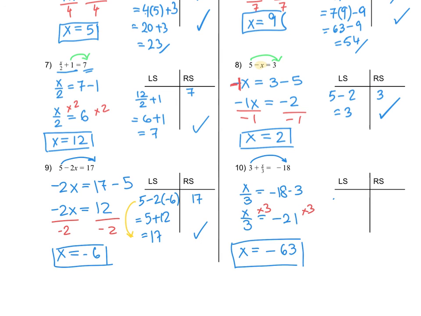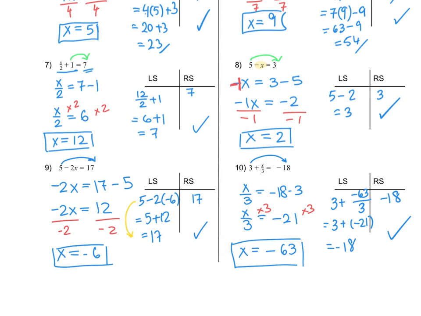And let's try it. The left side, 3 plus x, so negative 63 all over 3. And negative 63 divided by 3 is negative 21. So we have 3 plus negative 21, which is negative 18, which is exactly what our right side is. So there we are.